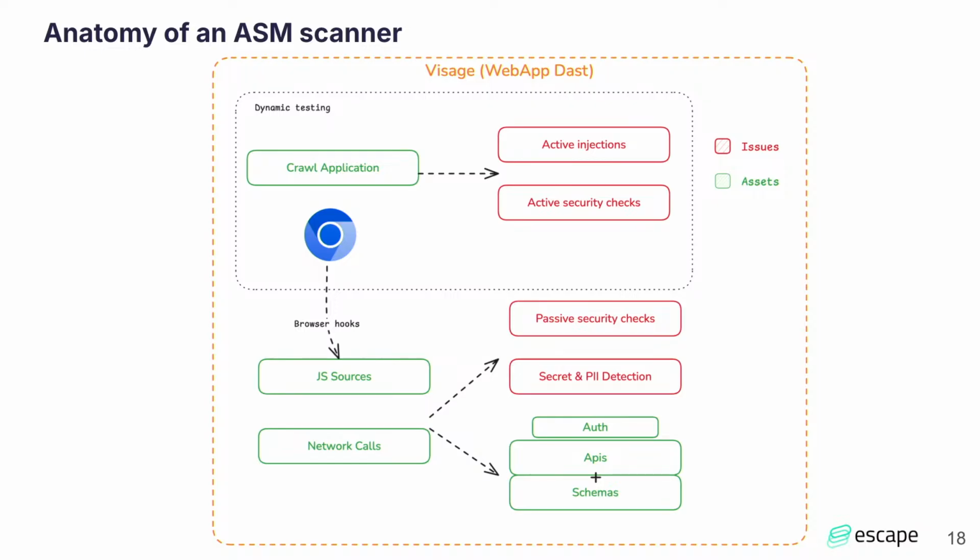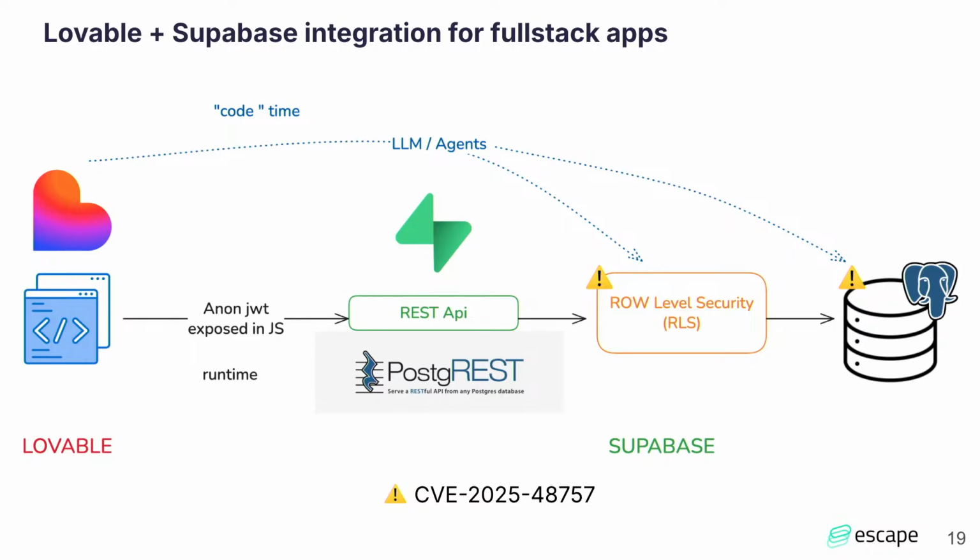From that, we are able to run some passive checks to detect eventual secrets or personal information. We also are able to extract the APIs that those front ends use and to reconstruct the schemas from the runtime requests. And we also associate that to the authentication, like we can extract the cookies or the JWT session or whatever. So after running that, we quickly discovered that Lovable uses Supabase as default to generate their backends.